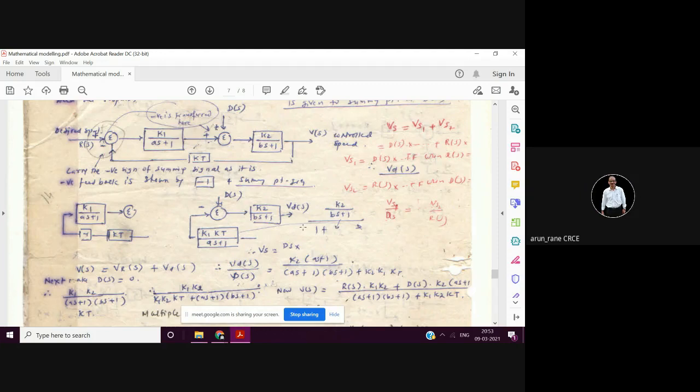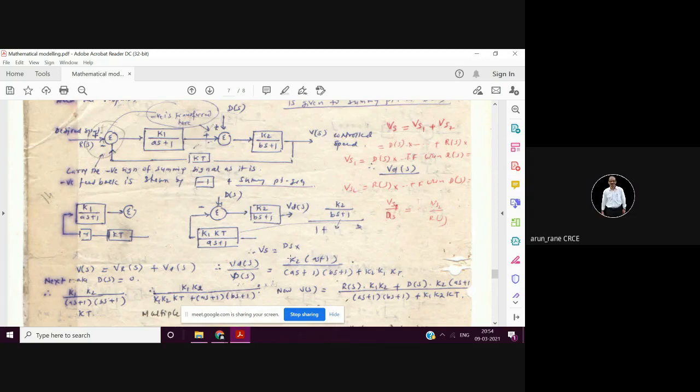So now you can apply the rule A upon 1 plus AB, because this is negative feedback. What is the value of A? A is this whole thing, K2 upon Bs plus 1. And the value of B is K1 K_T upon As plus 1.